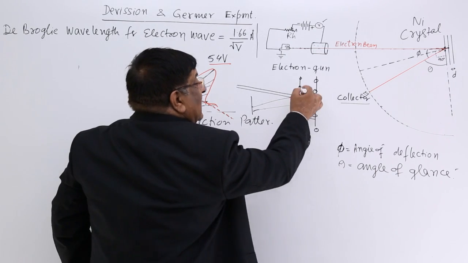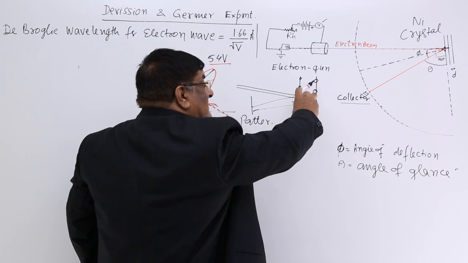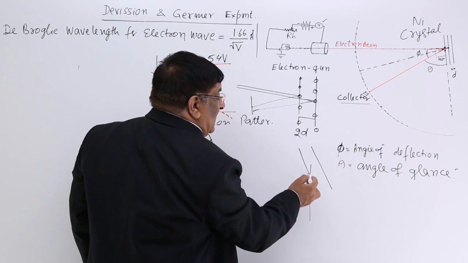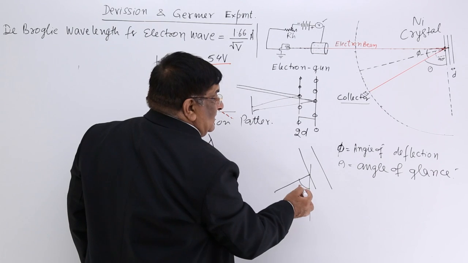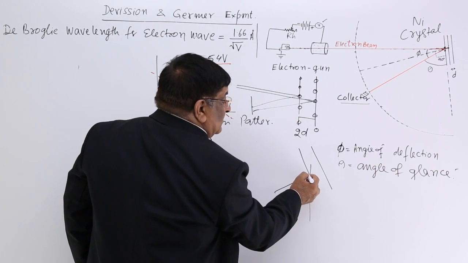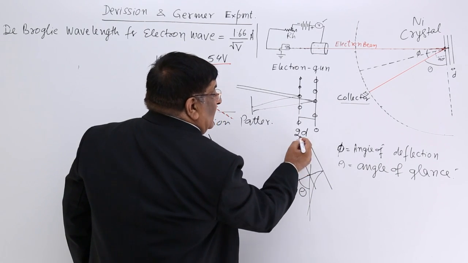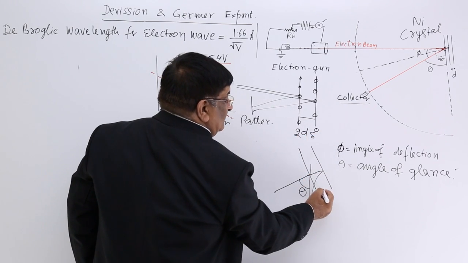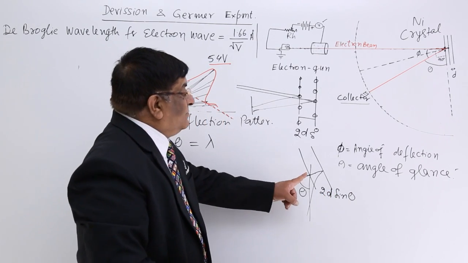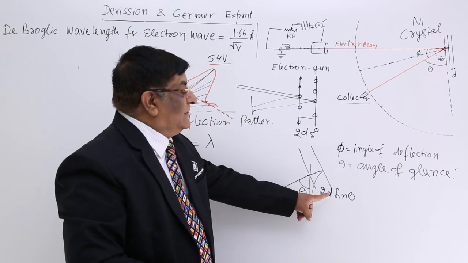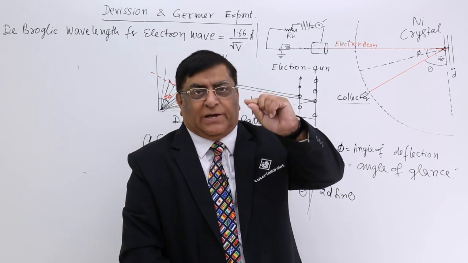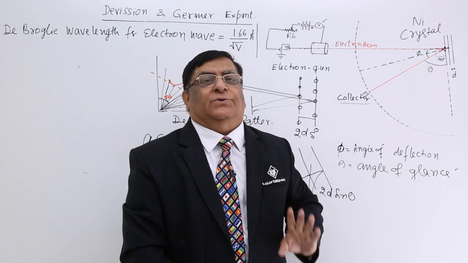But if this line is tilted by theta angle, then the path difference between the two will be 2d sin theta. So, path difference between the two waves is 2d sin theta, and the first dark is the point where path difference is equal to lambda.